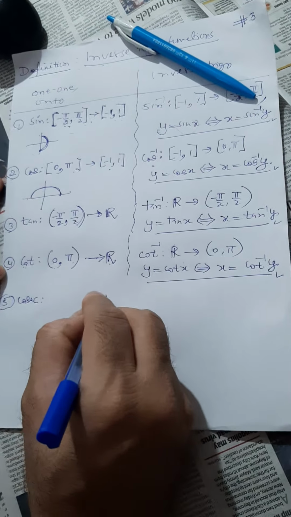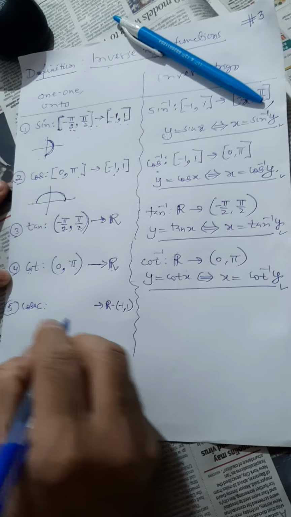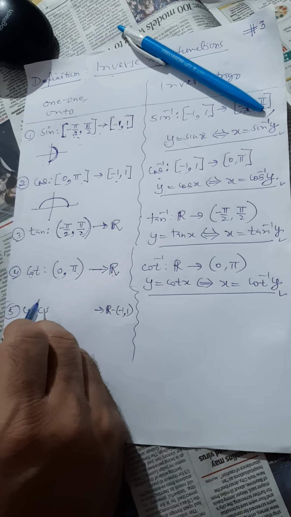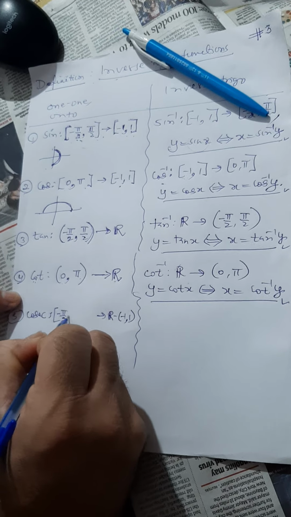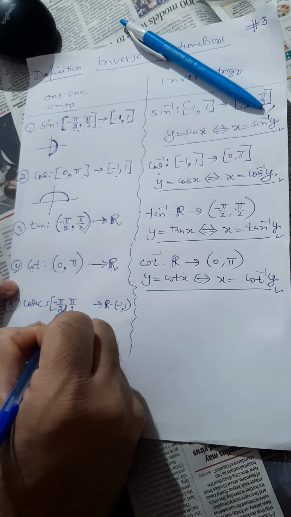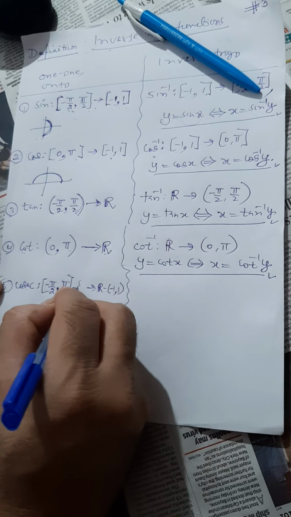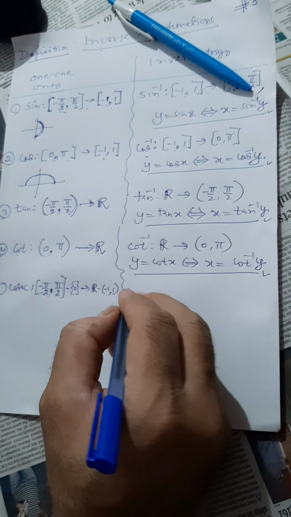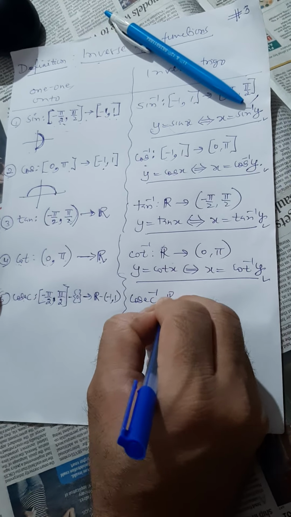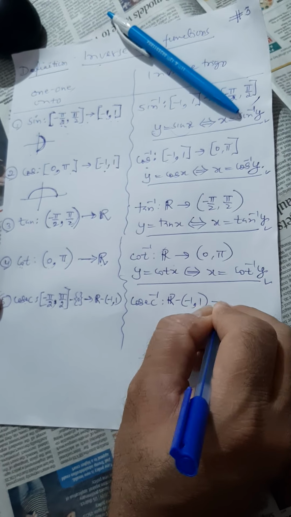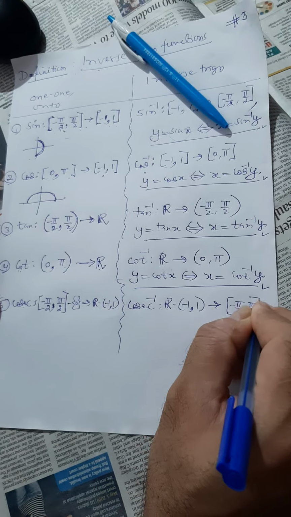Fifth one, which is the cosec function. The range, if you recall, is R minus the open interval -1 to 1, so it becomes onto. What's the domain? The domain is the same as the sine function, so minus pi by 2 to pi by 2. Now there is a number between these two, which is 0, and at 0 cosec is undefined. So we drop 0 from this. So cosec inverse is a function from R minus the open interval -1 to 1 to minus pi by 2 to pi by 2 minus 0.